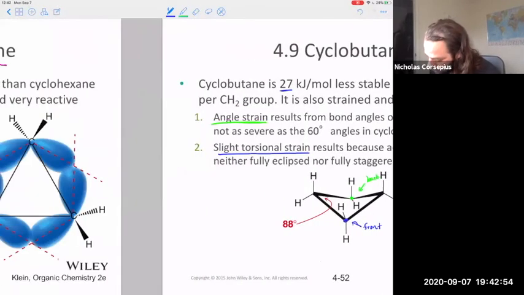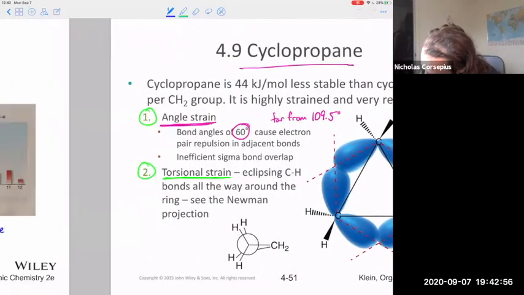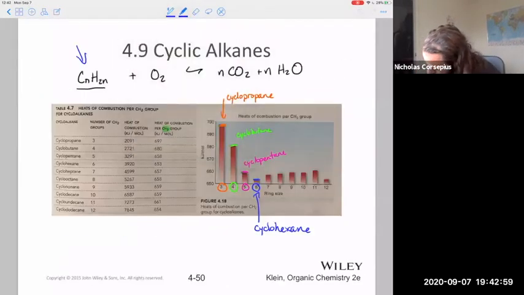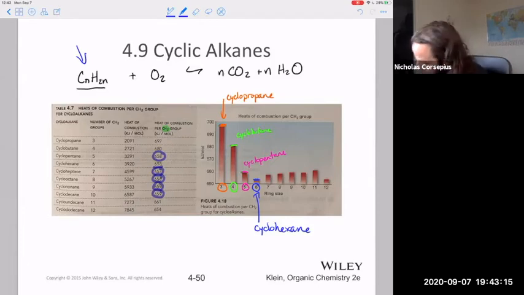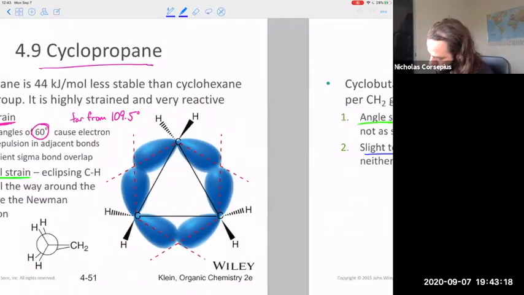If you look at the numbers, you're talking about 5 kilojoules per mole more. Cyclopentane, heptane, octane, nonane, decane are all sitting at about the same value. None of them are quite as stable as the next one we're going to look at, which is cyclohexane.